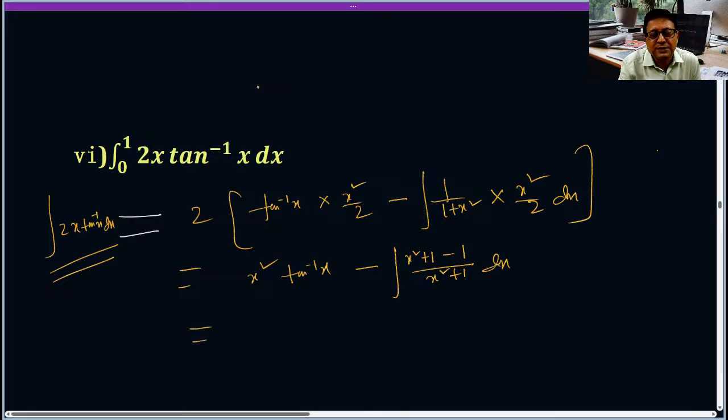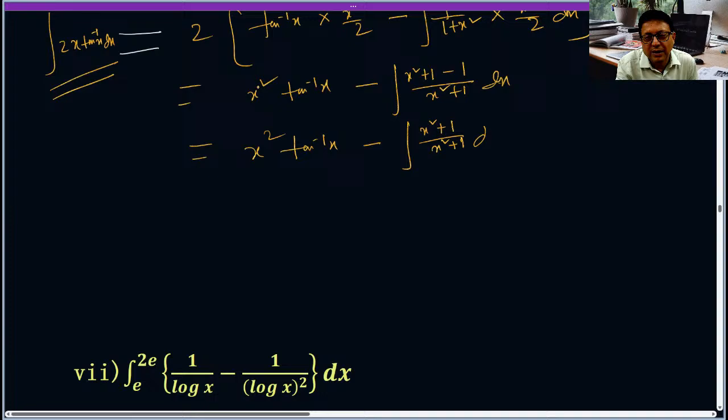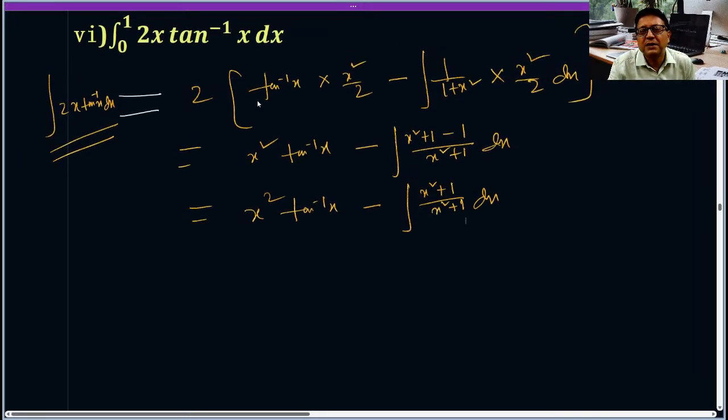So this is minus separate dx plus dx by x square plus 1.